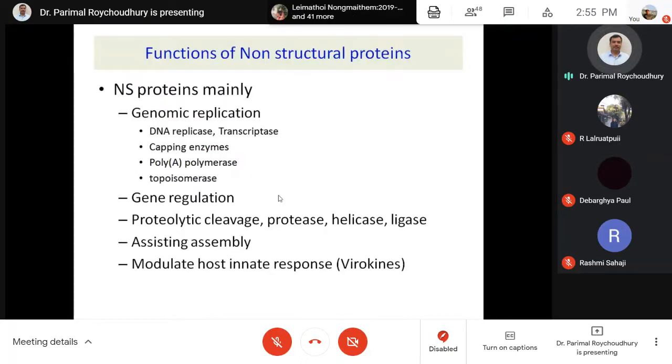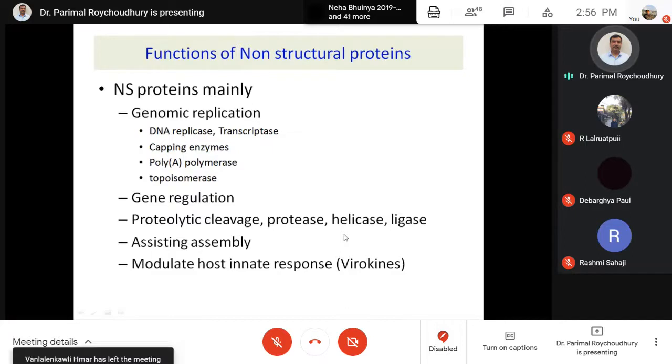Similarly, the function of non-structural proteins, if you see, they are mostly associated with genomic replication and gene regulation. Some of the viruses, it is so interesting, produce a single polyprotein from their entire genome length. After producing a single polyprotein, some of the enzymes present in the polyprotein will cleave it at respective sites.